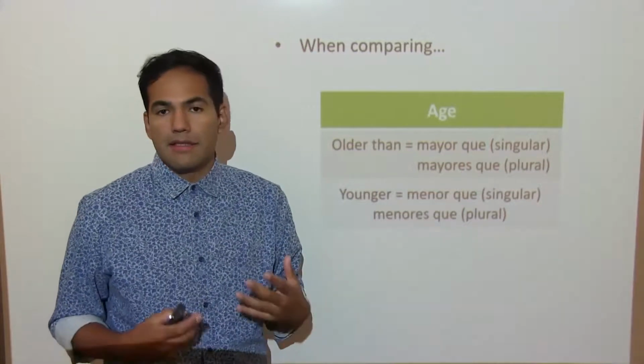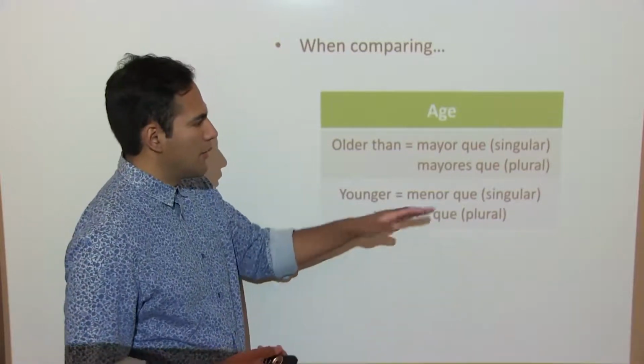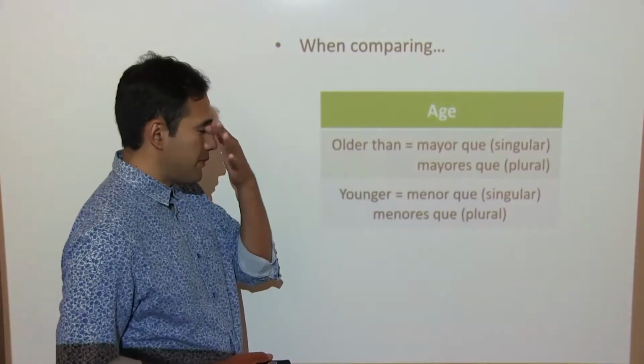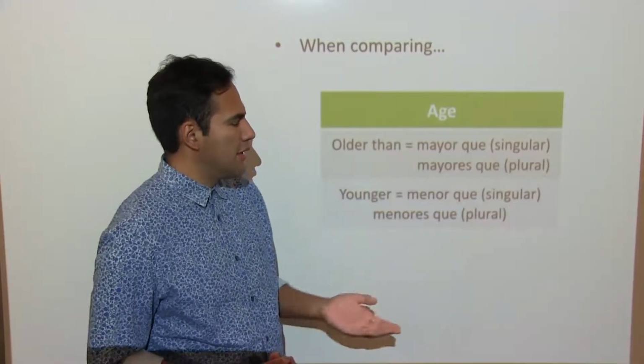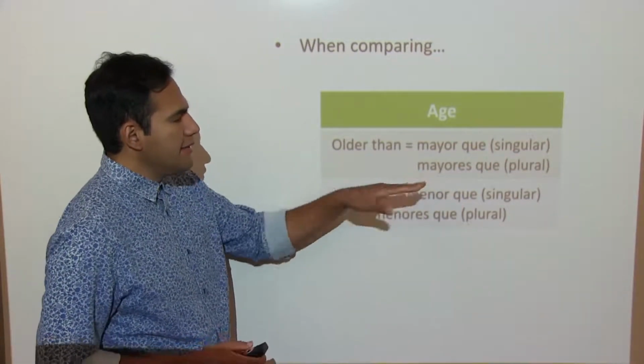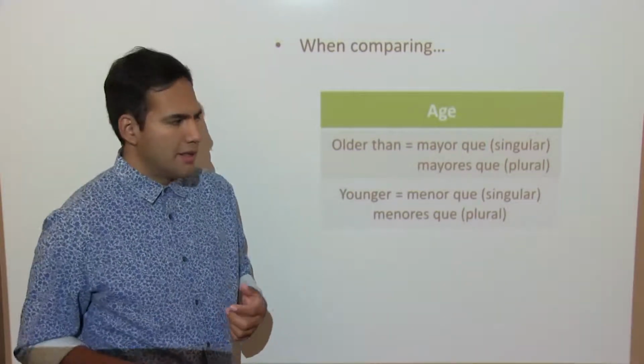If it's a plural subject that we're trying to describe, then we're going to use the plural form. But if it's only one person that we're describing, then we're going to use the singular. And these don't change based on the gender. The only important thing is to know the quantity.